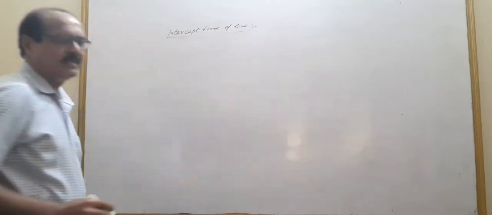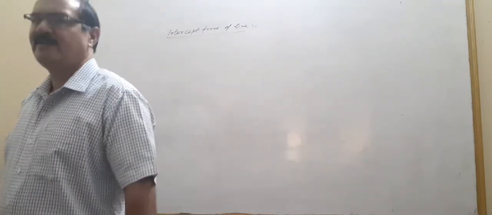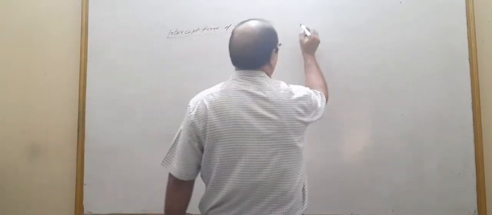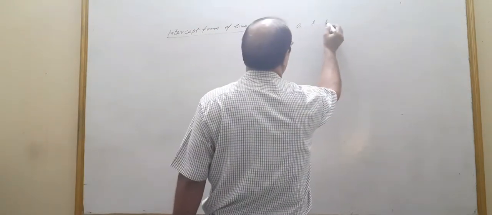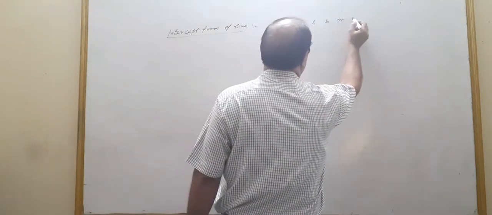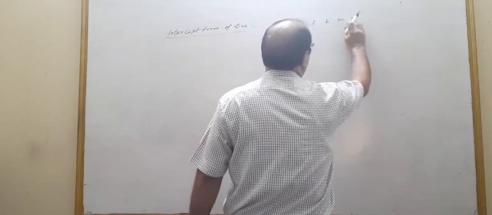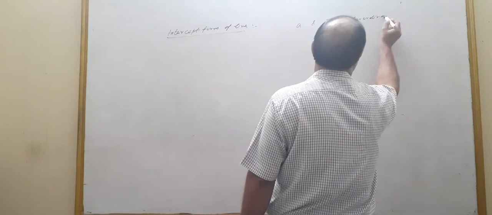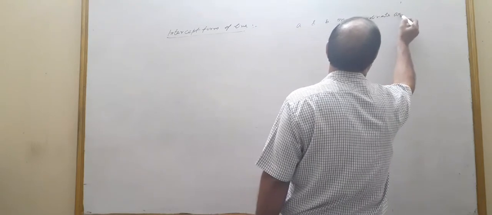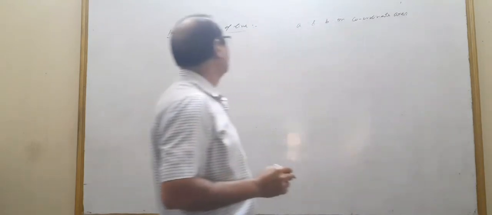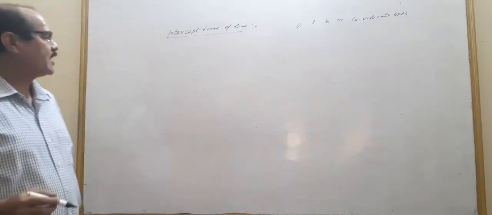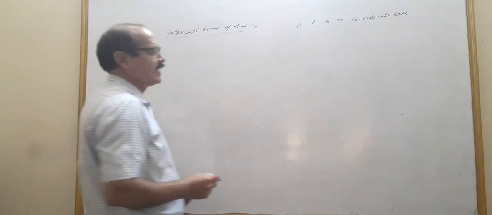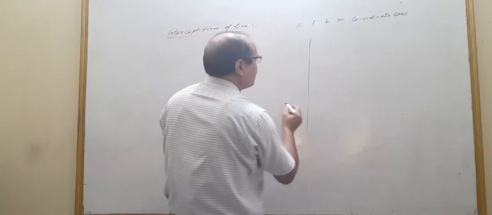Now the question is to find the equation of a line which cuts off intercepts A and B on the coordinate axes. So how do we get the equation of a line which cuts off intercepts A and B on the coordinate axes?